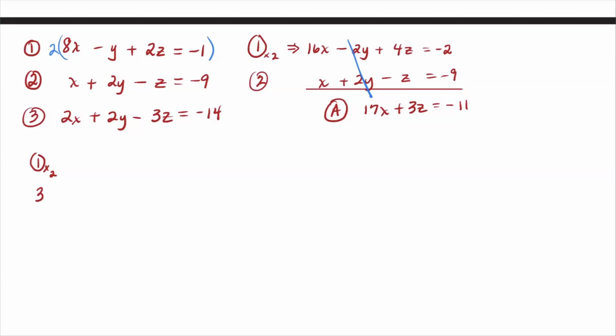So I already know what this is going to be. This is going to be 16x minus 2y plus 4z equals negative 2. And then equation 3 is 2x plus 2y minus 3z equals negative 14.